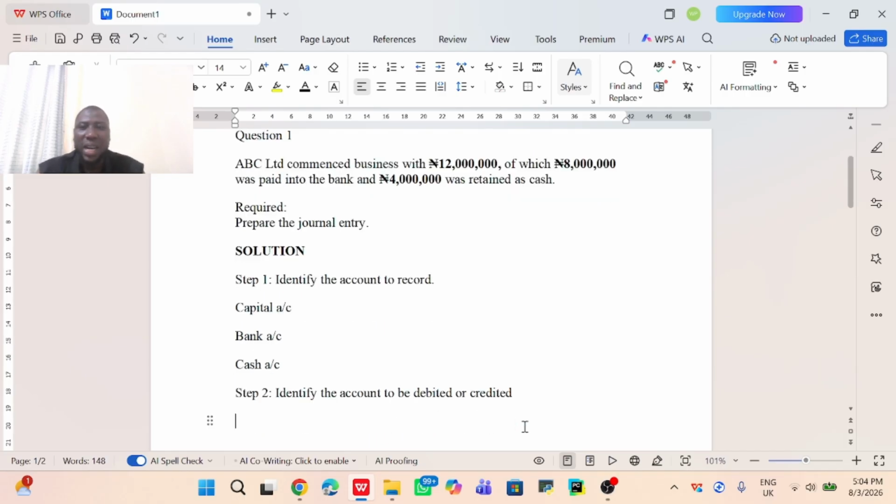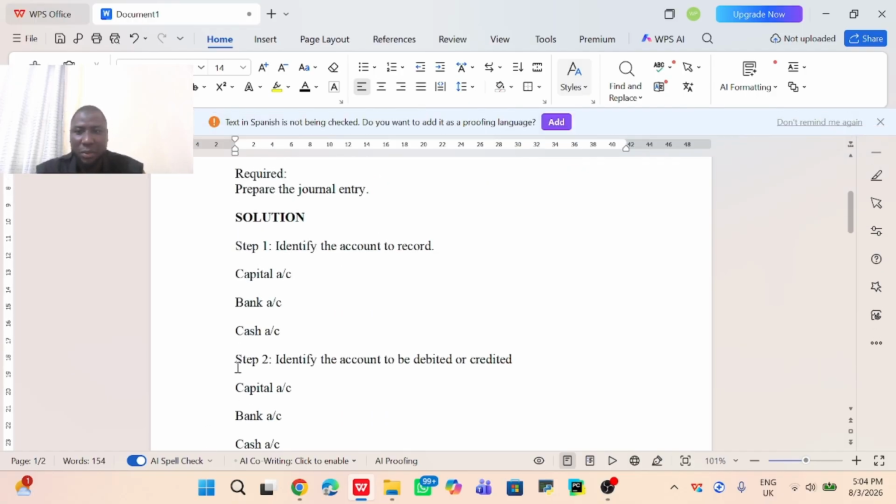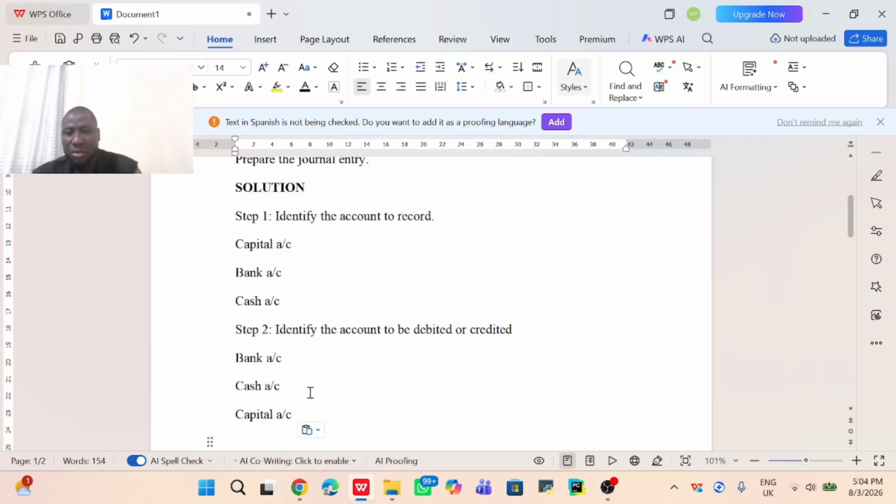Now, which account do we have to debit and which one do we have to credit? This is where we need our attention. Let's go back to the question.